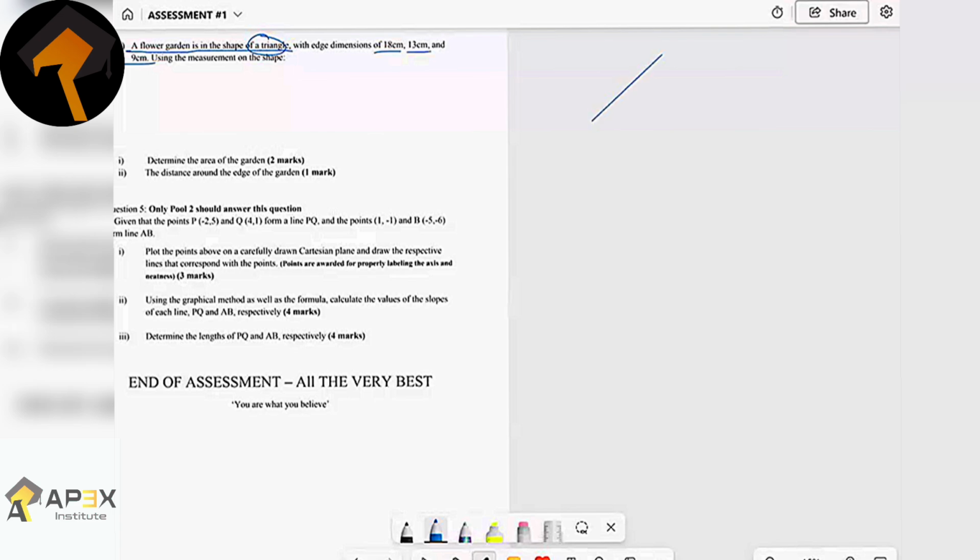Here's the fun fact. This diagram was drawn for my students, so all my students would have seen this shape on the board or on the exam paper. I believe I would have placed 9 centimeter here, 18 centimeter here, and the 13 here. So at this stage, can we use half base times height?